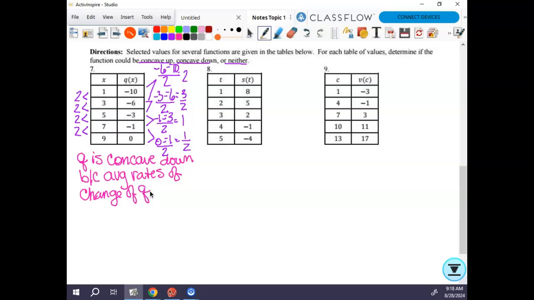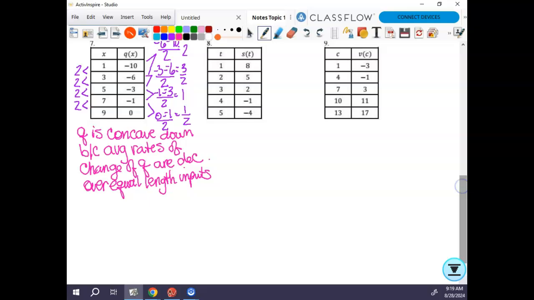So Q is concave down because average rates of change of Q are decreasing over equal length inputs. What questions do you have? Good on that one? And again, I added that equal length inputs, which wasn't on one of the other questions that we had done.